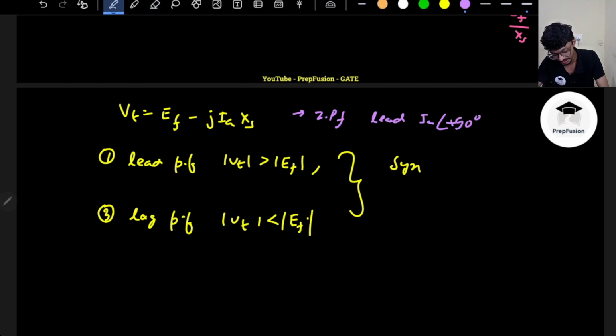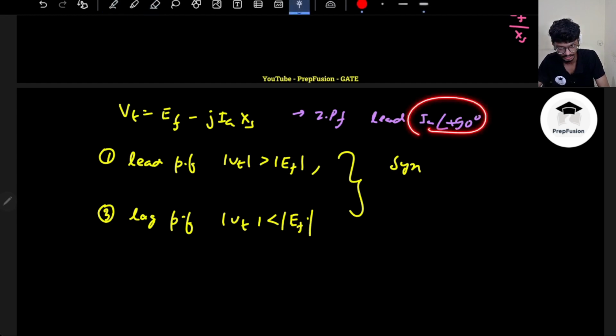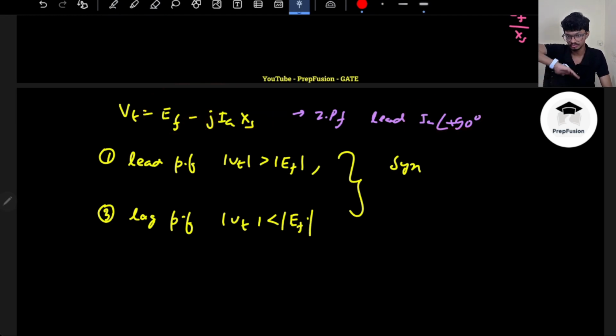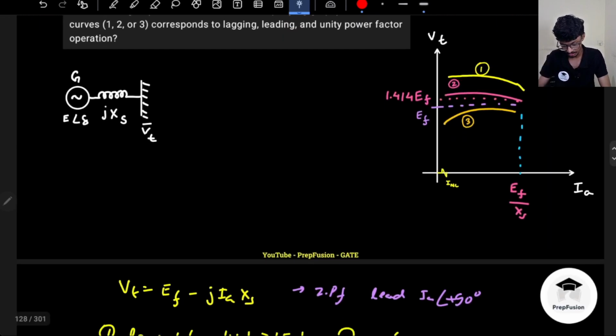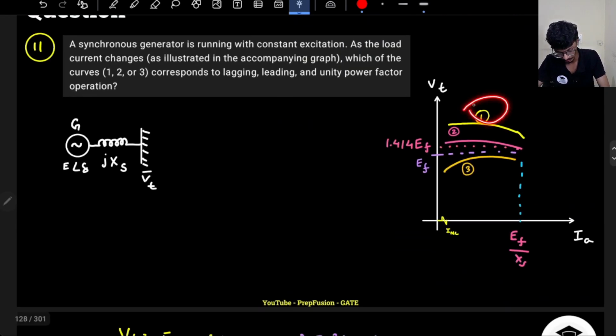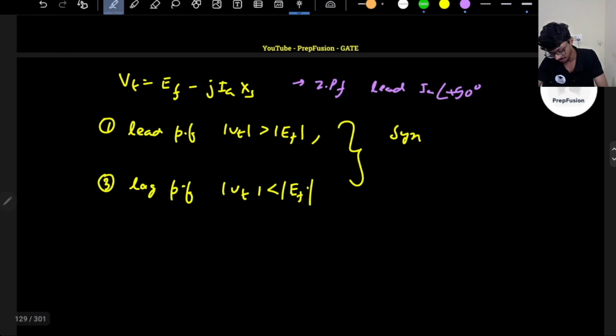If current is plus 90, then it is j into Ia, so j times j becomes minus 1 and the sign becomes plus. So basically I am adding to the excitation voltage, so voltage will increase. This is the case, so this will be curve one, basically leading power factor. Same you do for the lagging, same you will see. And remember, this is for a synchronous generator.